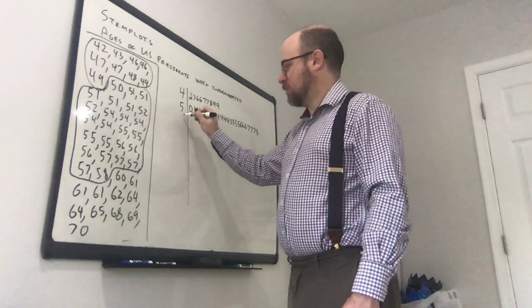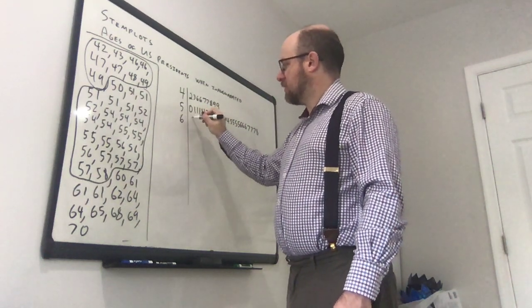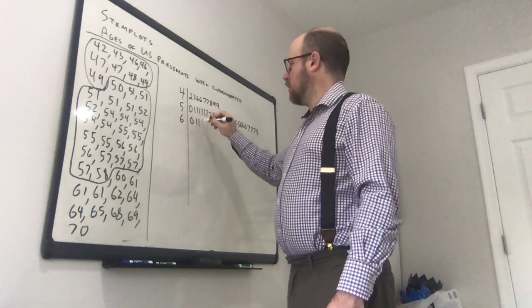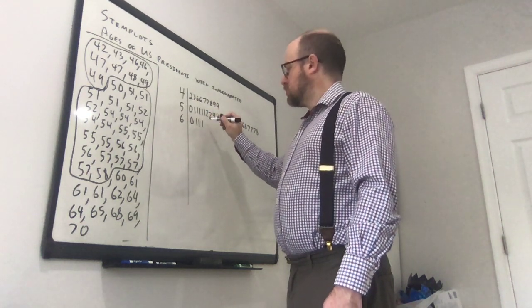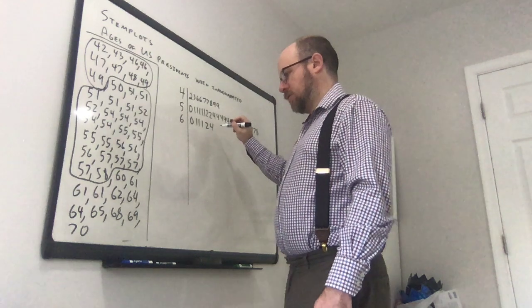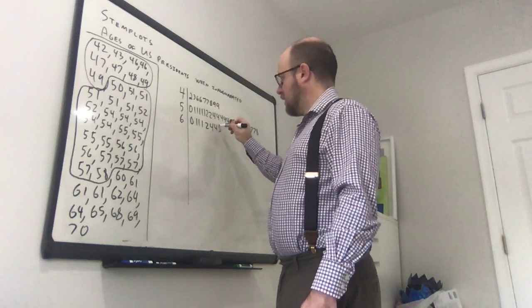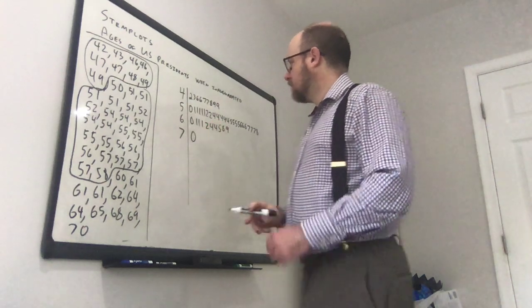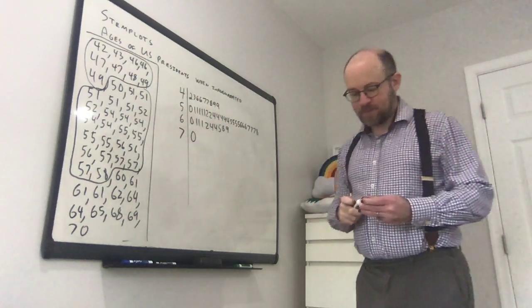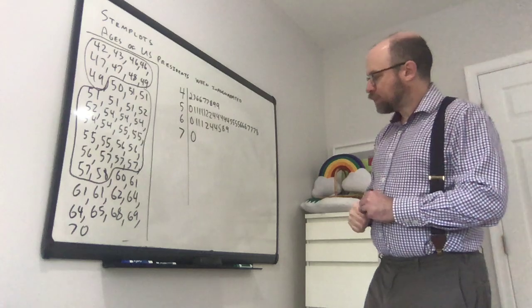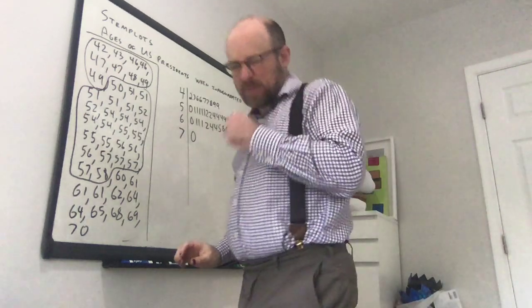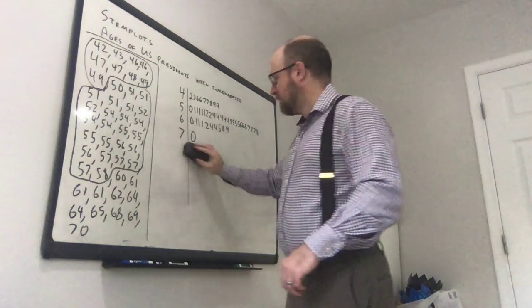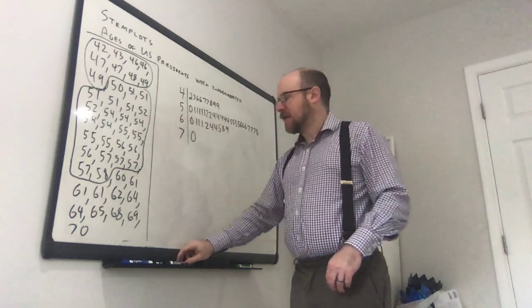Similarly for 6, this one's a little bit shorter. 6 gives me 0, 1, 1, 1, 2, 4, 4, 5, 8, 9, and then 7 gives me 70. So this is a simple type of graph. It's pretty easy to make.